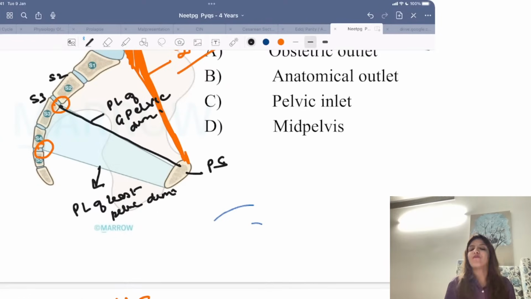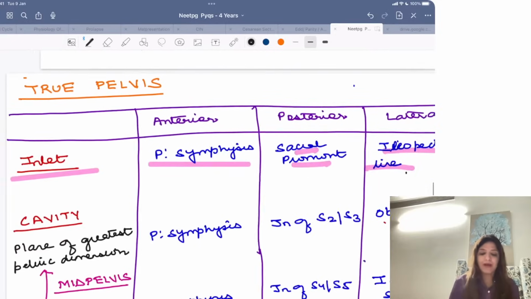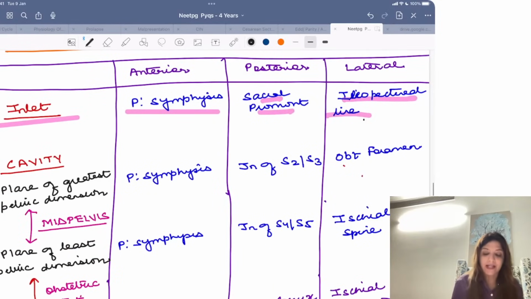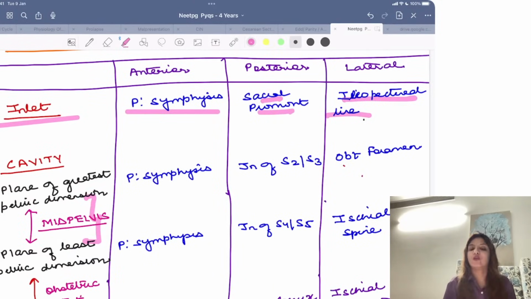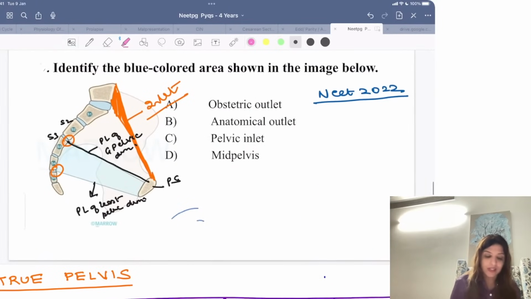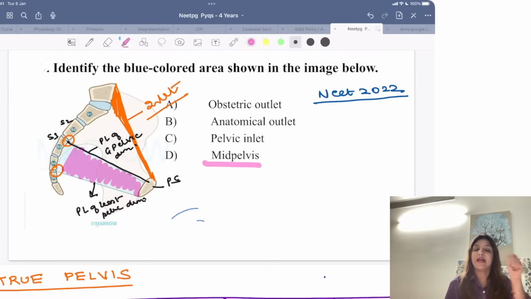Now mid pelvis is that area of the cavity which lies in between the plane of greatest pelvic dimensions and least pelvic dimensions. So this blue colored area which they have marked is actually mid pelvis, lying in between the plane of greatest pelvic dimensions and the plane of least pelvic dimensions.